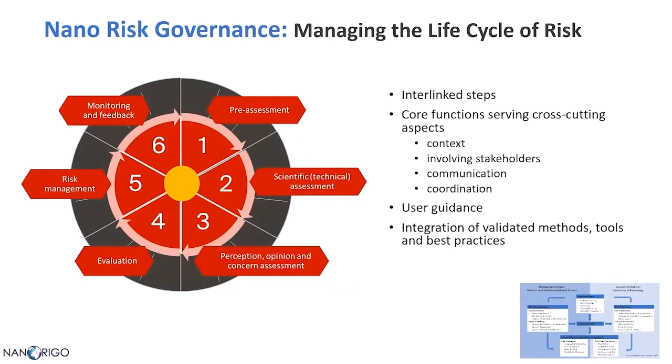The NRGF integrates validated methods and tools that are proposed to improve available practices for safety and risk management. The users of the NRGF can directly access high-quality data that are fit for purpose and propose resources such as tools and methods. Let us now walk through the individual steps.